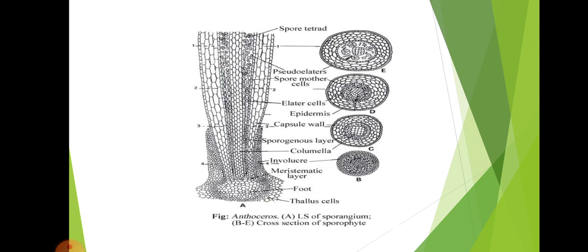Spore mother cells, elater cells, epidermis, and capsule wall, sporogenous layer, columella, involucre is there, and meristematic layer is present, foot is there, thallus cells are present. This is the diagram of sporophyte of Anthoceros.